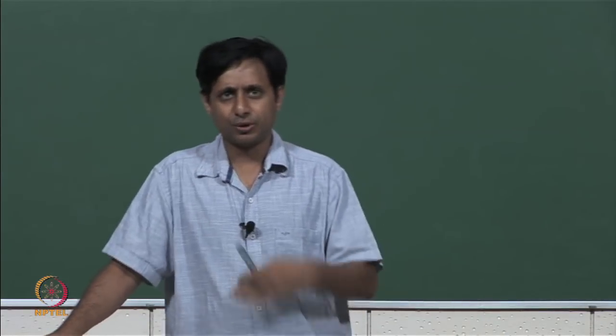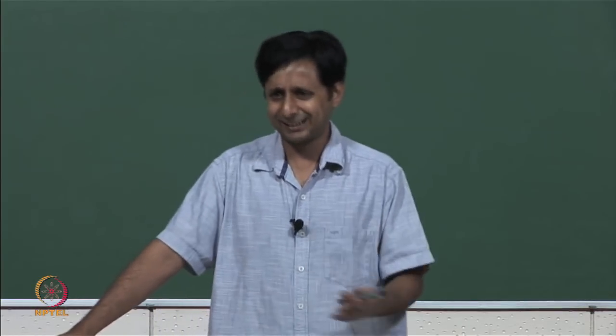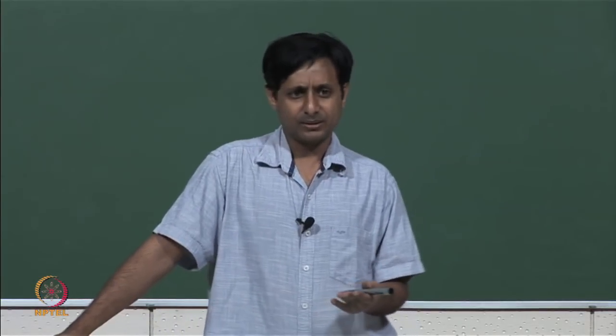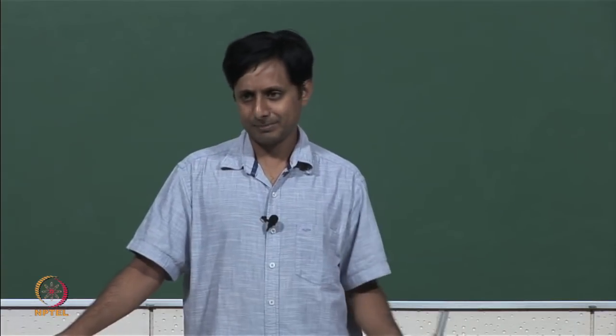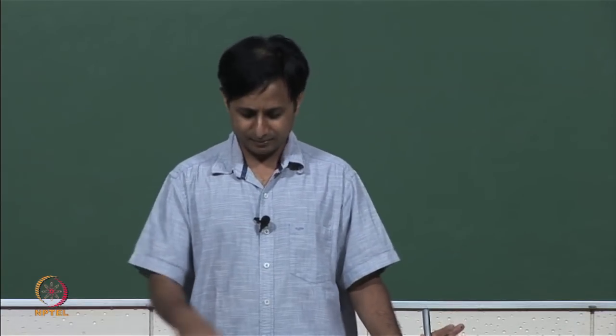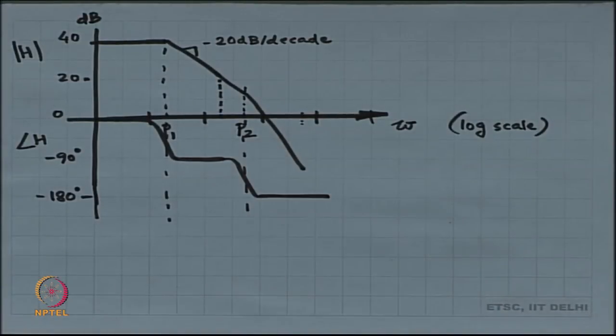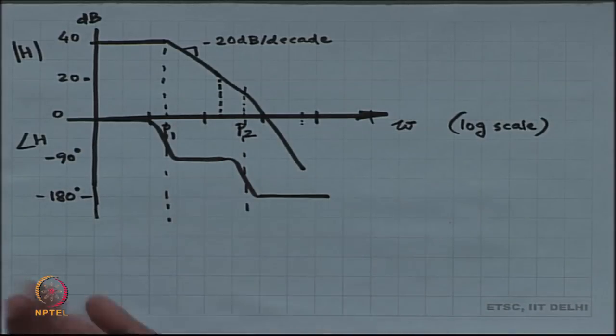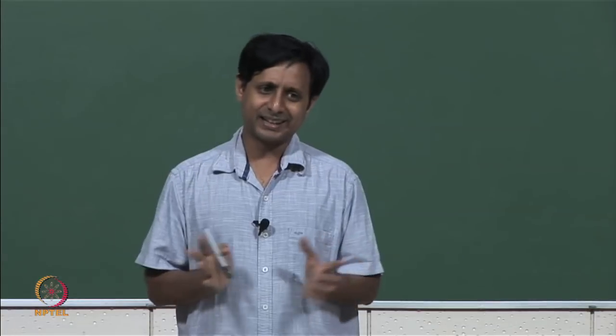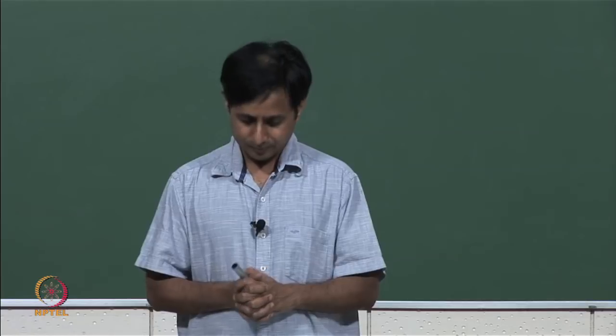Gain and phase margin both tell exactly the same story, and they are reported from exactly the same plot. From the same plot you can estimate the gain margin as well as the phase margin. Sometimes it is easier to estimate the gain margin, sometimes it is easier to estimate the phase margin. But both of them say exactly the same story.